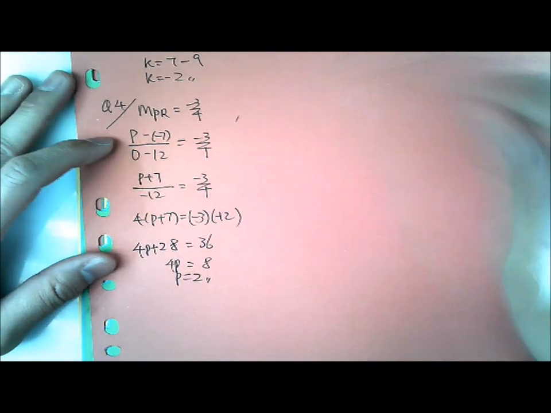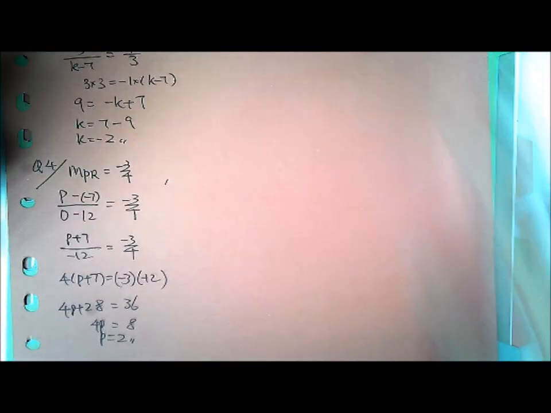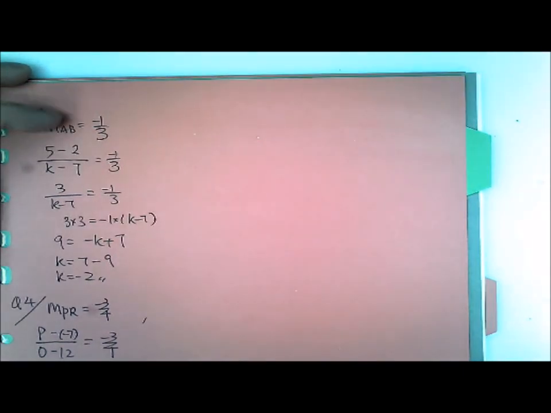So you can do it here. For the Q, the unknown Q, you can consider the slope of QR, but not PQ. You can consider QR, and then it still has to equal minus 3 over 4. Understand?